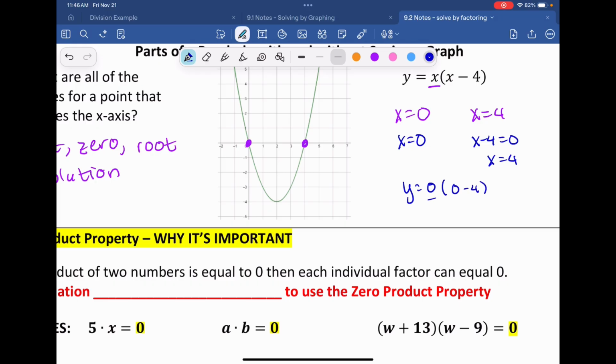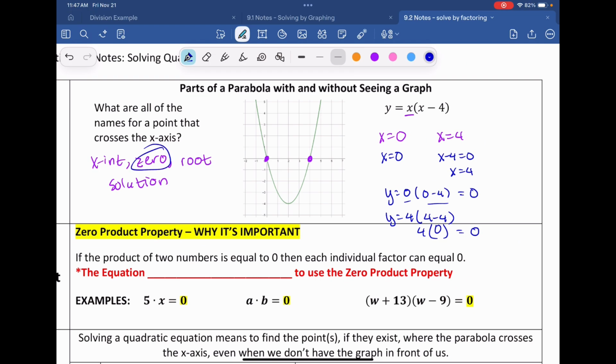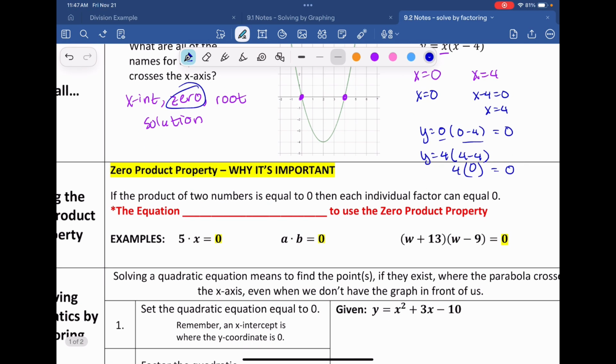Okay, 0 times anything is 0. Let's say I make the x a 4. Well, that's 0. And 0 times anything is 0. That leads us into, again, why it's called a 0, and this thing called the zero product property. If the product of two numbers is equal to 0, then each individual factor can equal 0.